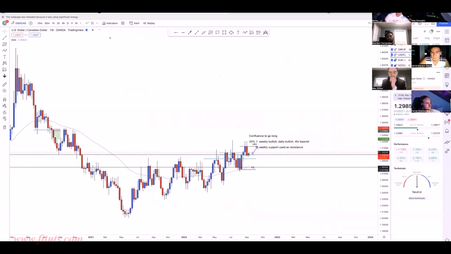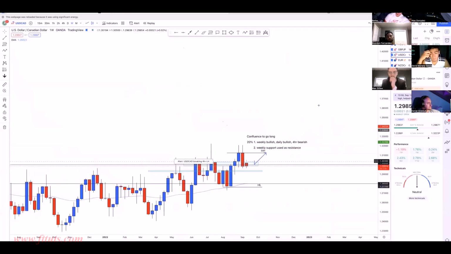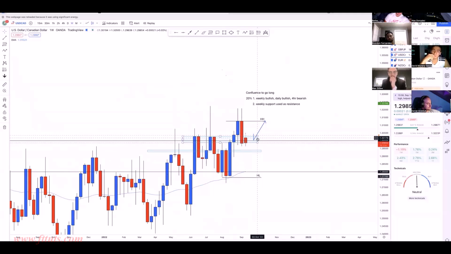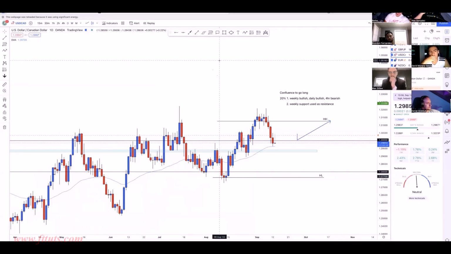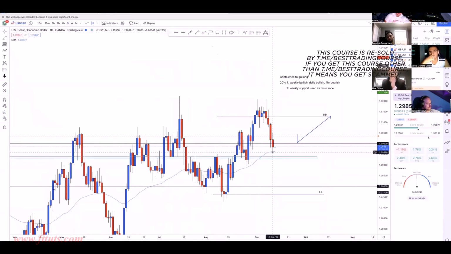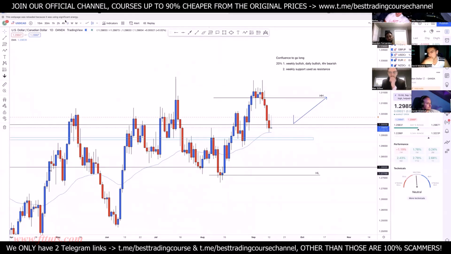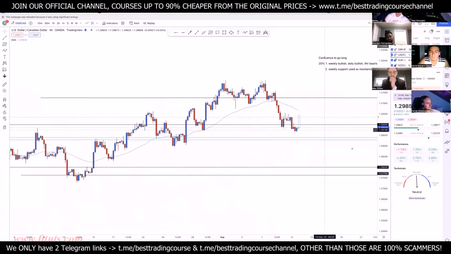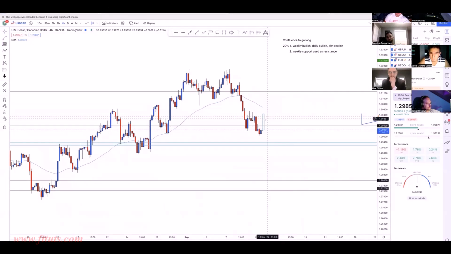If we go over to USD CAD, you can tell it took one candlestick pullback to our area of interest. We go down to the daily time frame, and on the daily we have just come into the area of interest, retesting the EMA. I'll get into the EMA later on in the following weeks. And then we go down to the 4 hour, and the 4 hour has just created a new lower low.